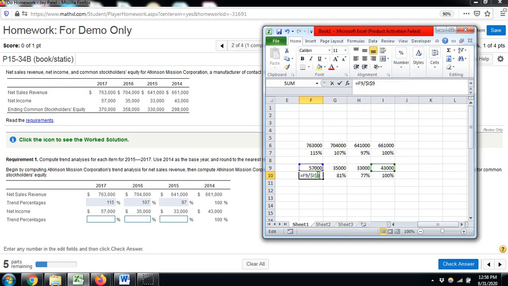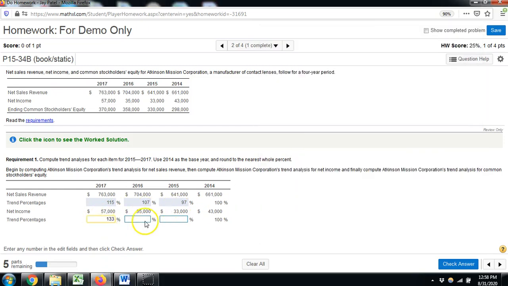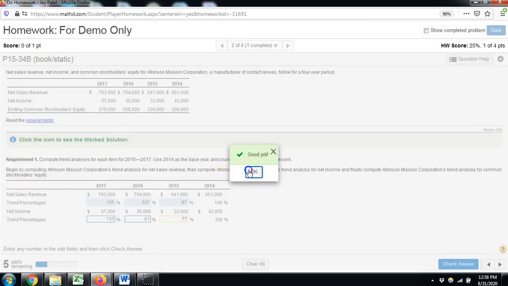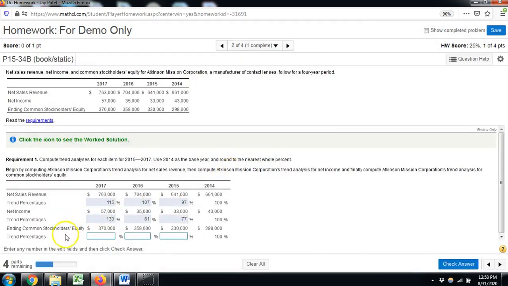So again, the formula is this number above divided by the base year. This number above divided by the base year. So we have our percentages here. Okay. And then we'll have the common stockholders' equity.